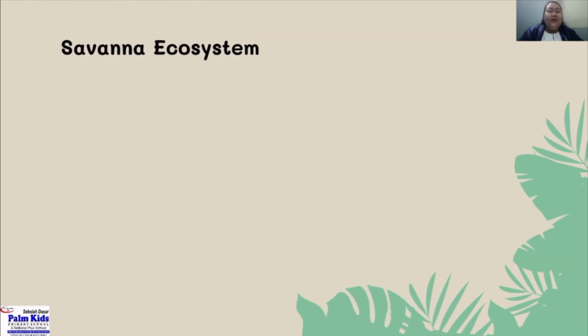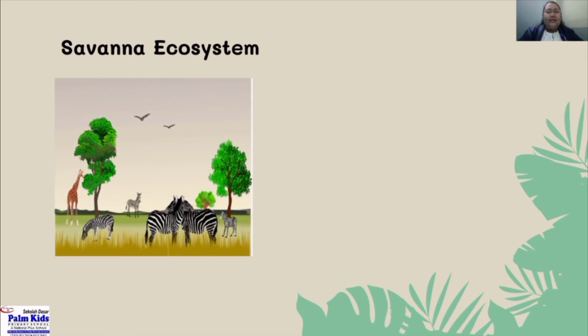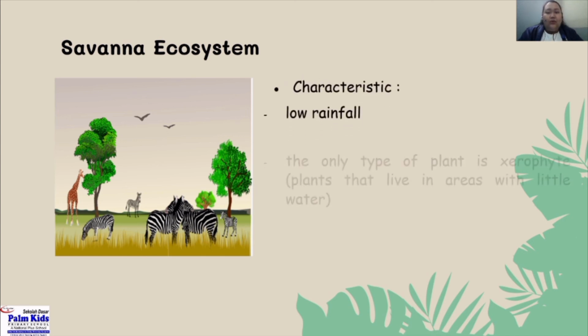Next is savanna ecosystem. Okay, as you can see, savanna and grassland are a similar ecosystem, but as you can see in the picture, there are trees. So the characteristics are low rainfall.